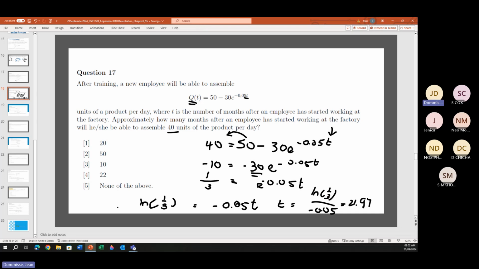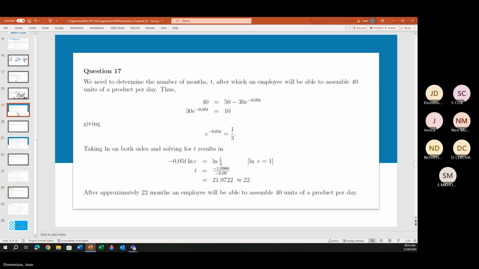Okay. And let's just quickly, they want us to say approximately how many months? So I would have then said approximately 22. And so again, just be careful.